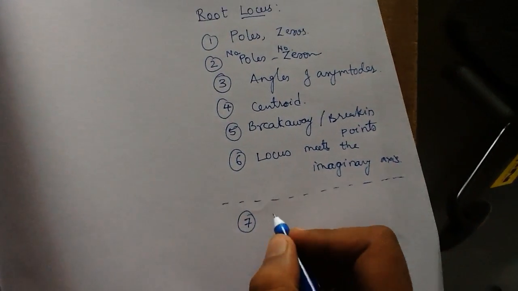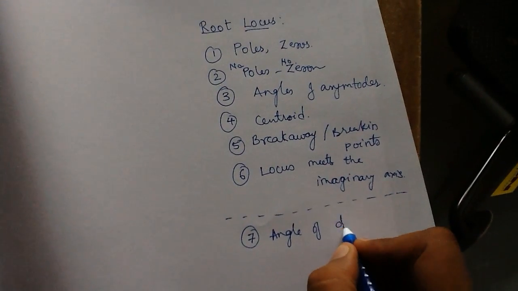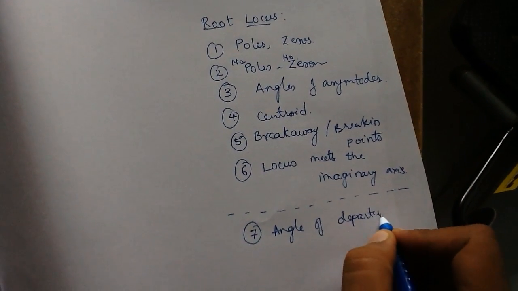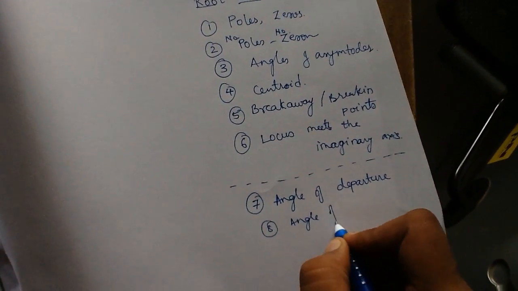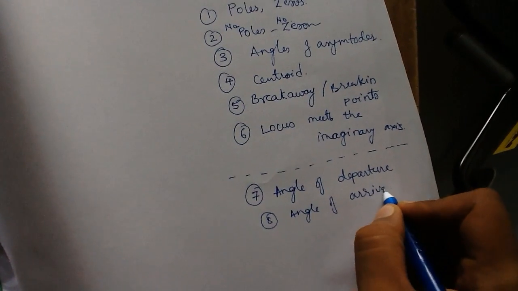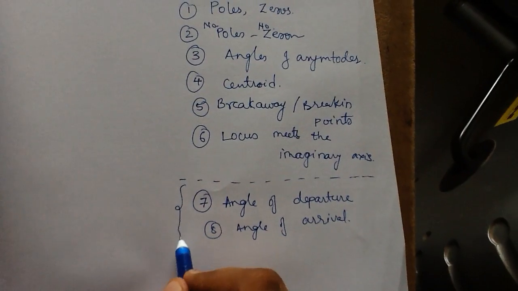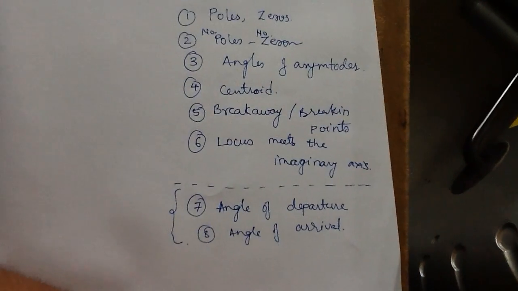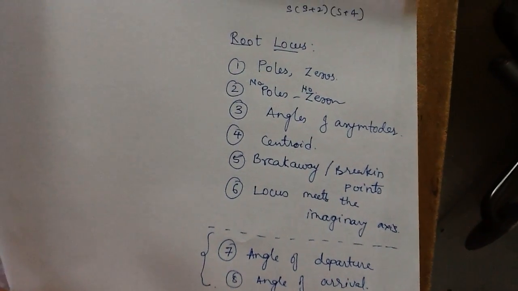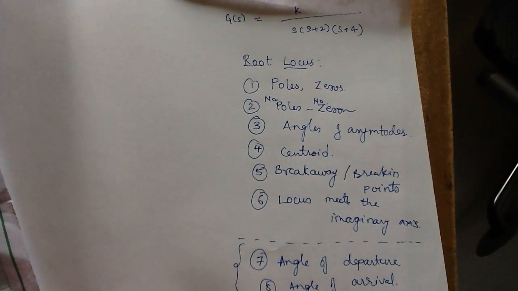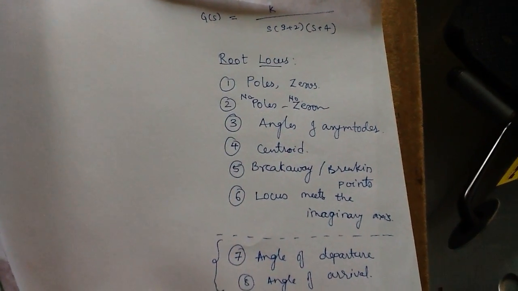Those are finding out the angle of departure and the angle of arrival. These are two things that are going to be added to your sketching and to your work when the root locus you have to find out is of a transfer function that has complex poles or complex zeros.